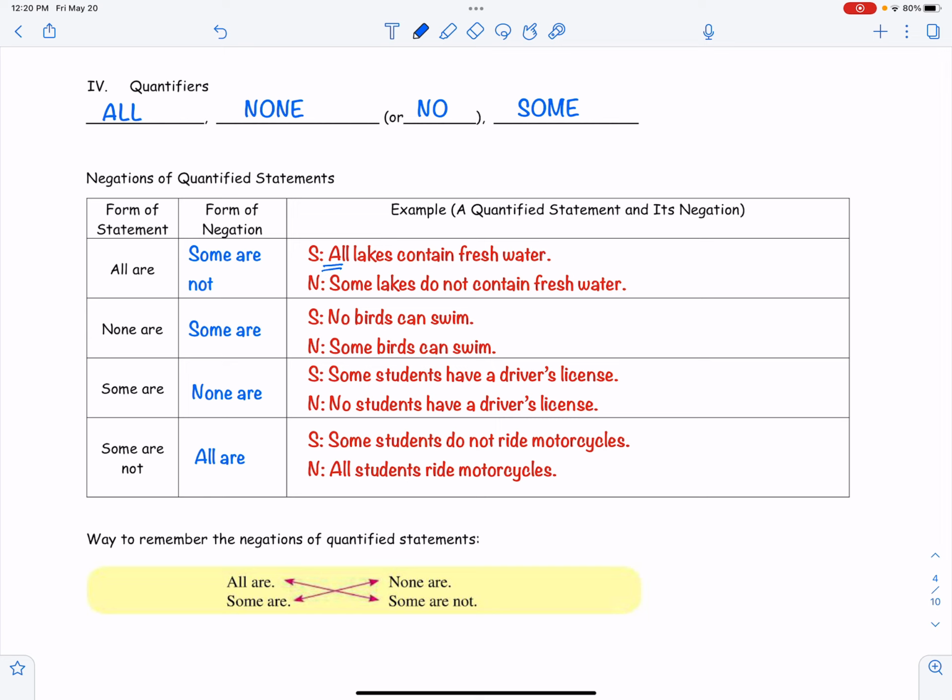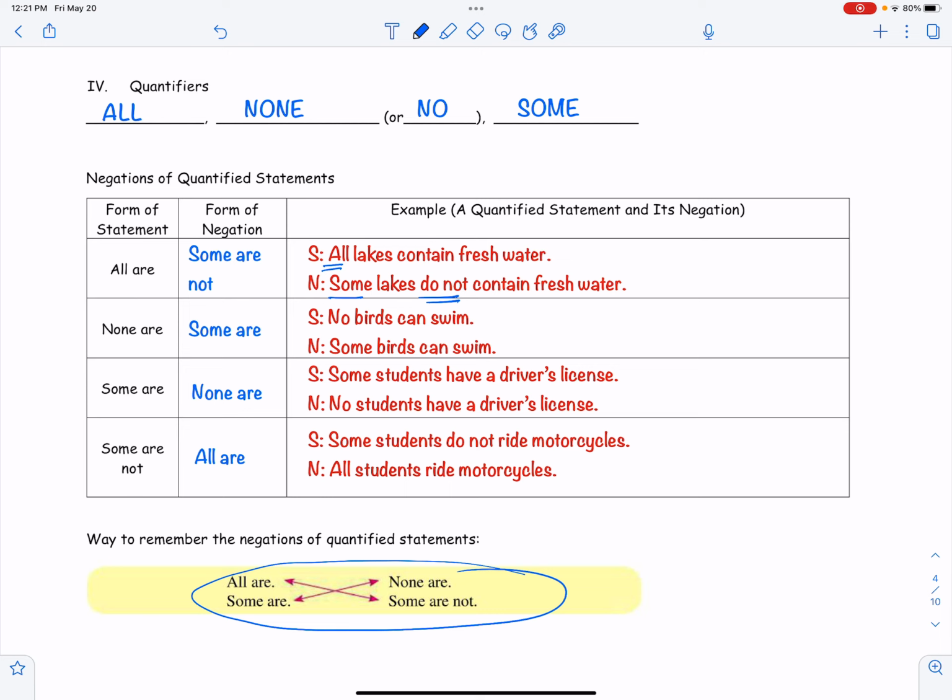You've got a nice little chart down here to help you see how these things line up. Anytime you're dealing with a statement that says all are, the negation is not none, it's that some are not. So the negation here would be some lakes do not contain fresh water.